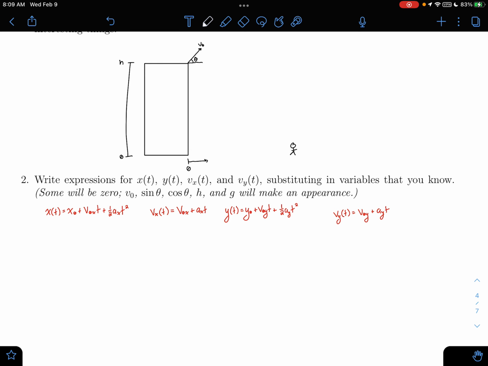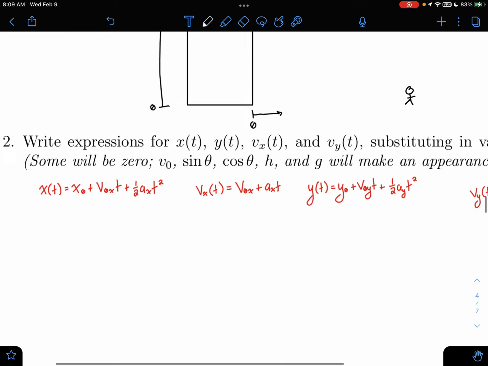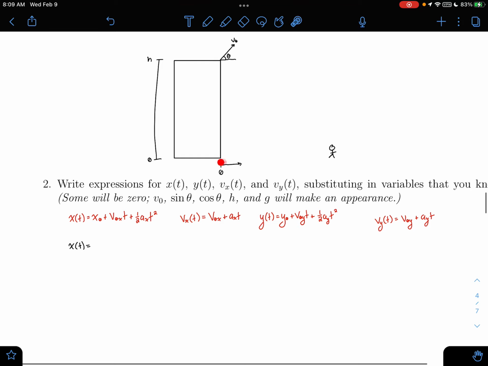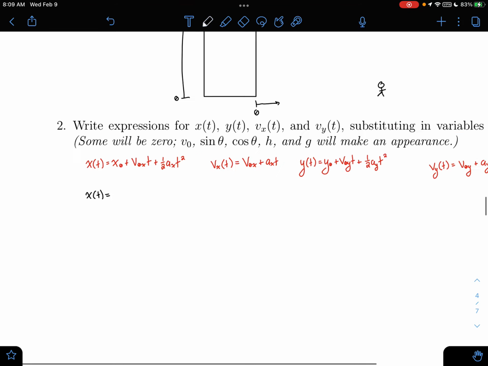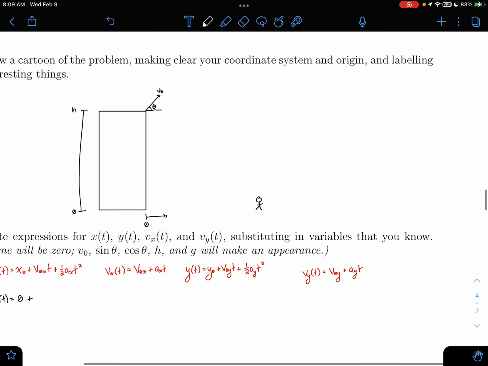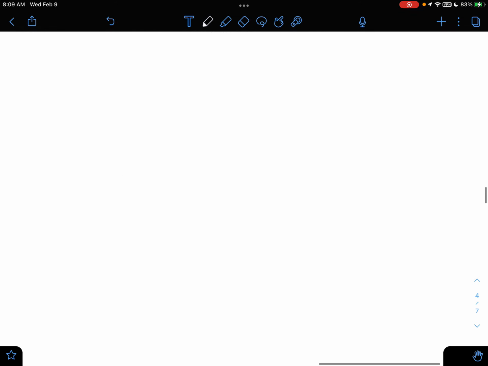So now let's substitute in some things that we know, same thing we did last time. Our x of t, our x naught, the way I said it, our x naught's going to be 0. So that's 0 plus, we're going to do our same trig for this, so I'm going to move the vector over here real quick.